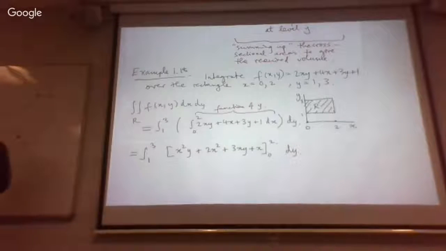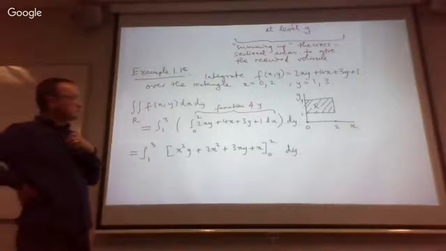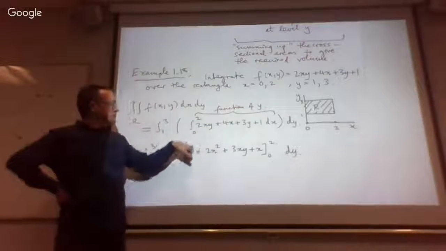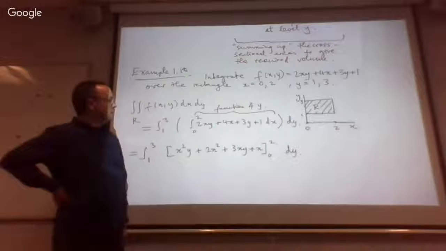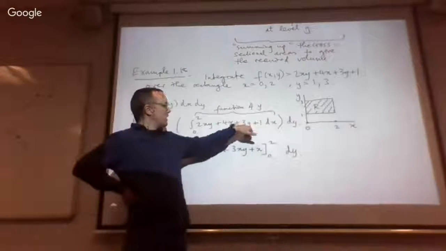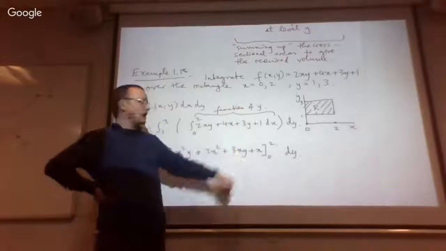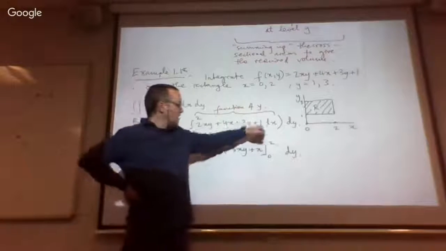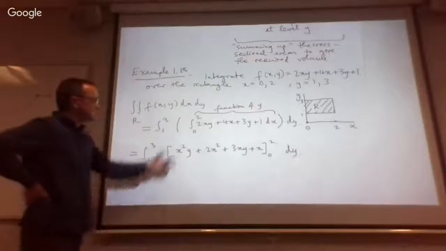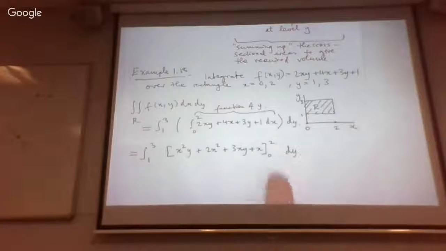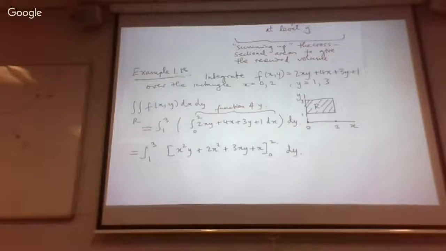So the other variable y is treated as if it were a constant, so it travels through still as a constant. This 3y here is just like a constant, so when you integrate it, it ends up multiplying x. This constant 1 multiplies x. The 4xy integrates to 2x squared times y, etc. And then you evaluate it at the limits of integration on the x variable.